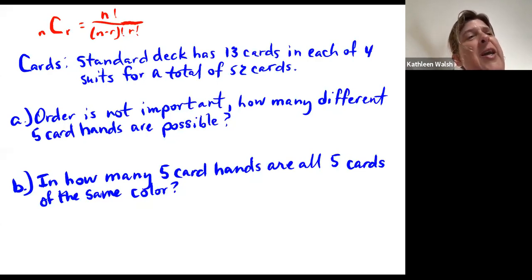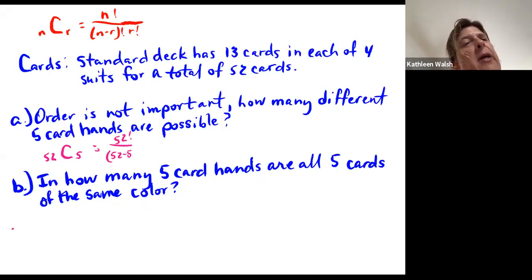Okay, so we're just going to go ahead and plug in, and we know that there are 52 cards, and 5-card hands is our r. So we have 52 factorial divided by 52 minus 5 factorial times that 5 factorial. So we're just getting rid of that repeating element. And I'm going to go ahead and simplify this. We have 52 factorial divided by 47 factorial times 5 factorial.